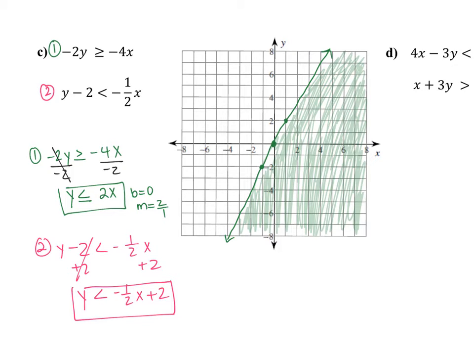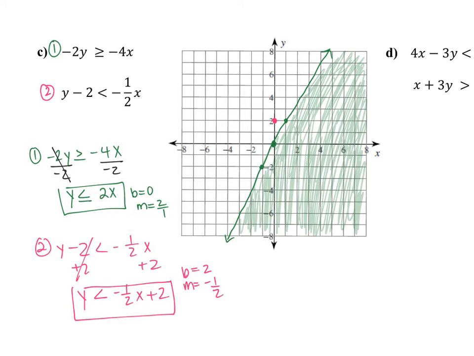And this says I have a y-intercept at 2, positive 2 for b, and a slope of -1 over 2. So if I go to the y-axis for my y-intercept, I go to positive 2.